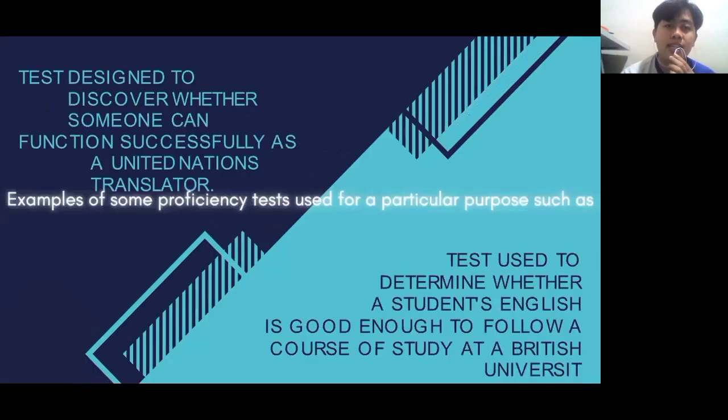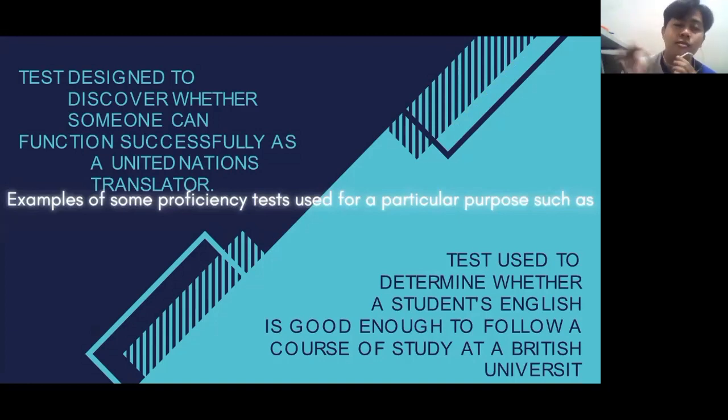Here are examples of proficiency tests used for a particular purpose. The first is a test designed to discover whether someone can function successfully as a United Nations translator.